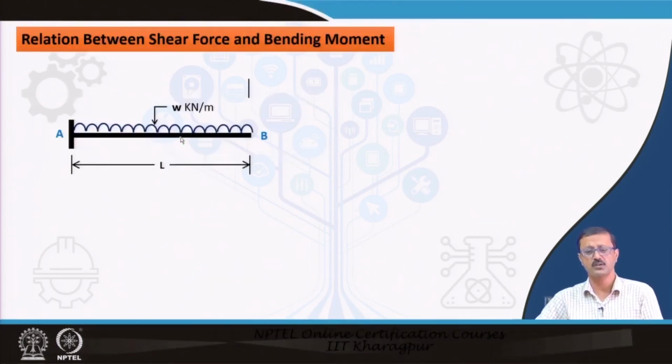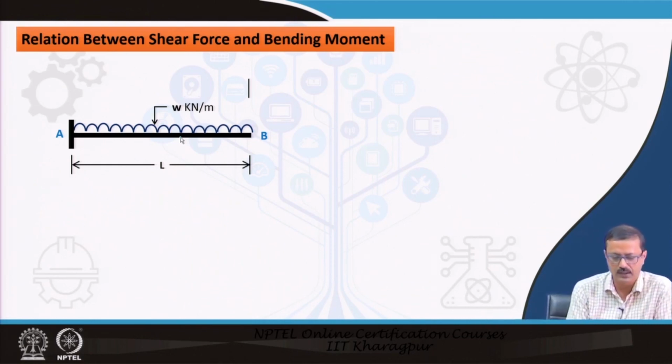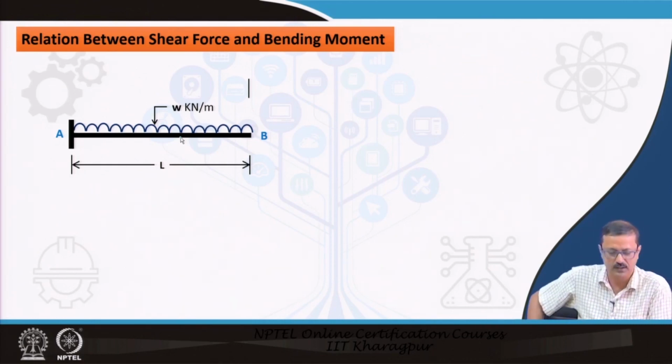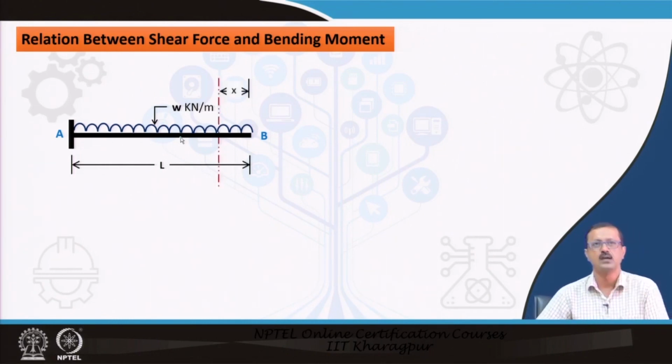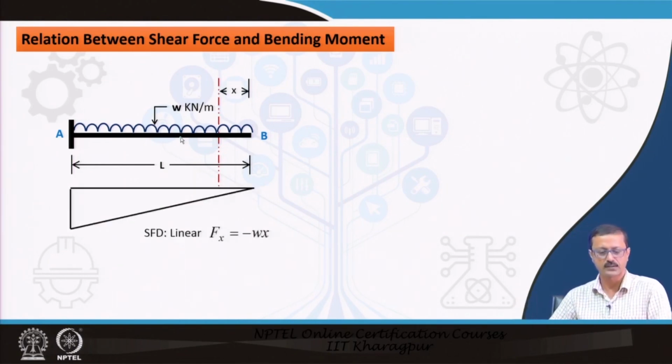So, the relation between the bending moment and the shear force diagram. Let us see, this is a cantilever beam having a UDL of omega or W over a span length of L meters. I take the distance x from B, the free end, and let us first compute the shear force.